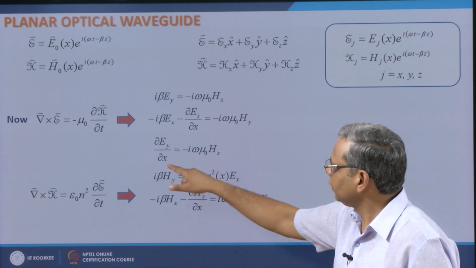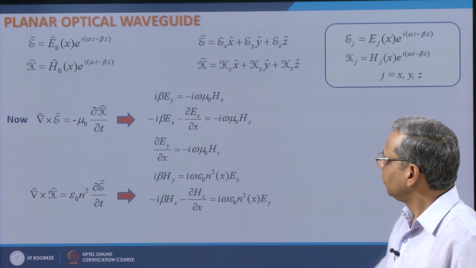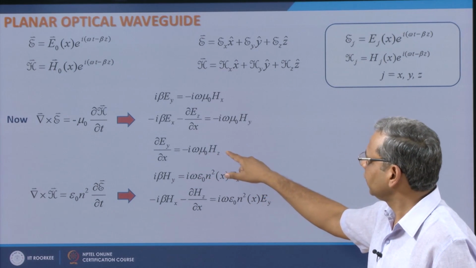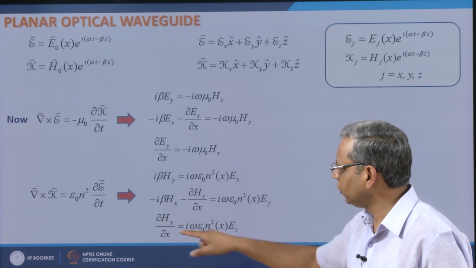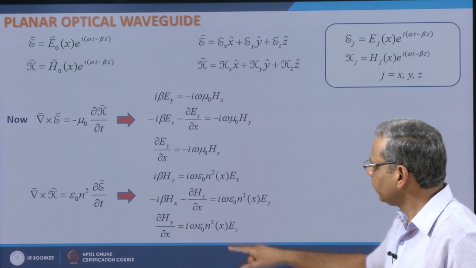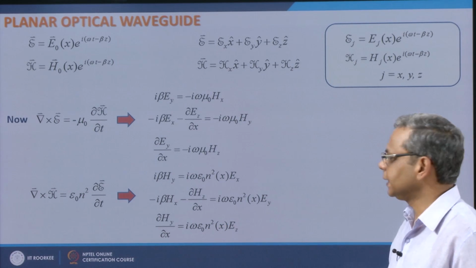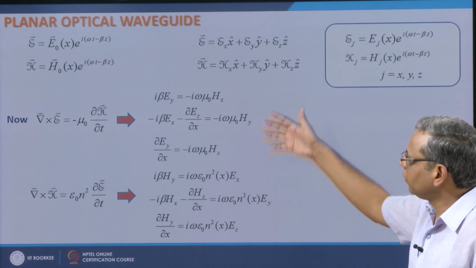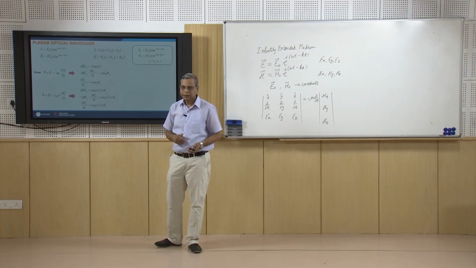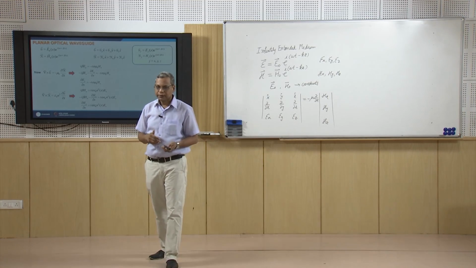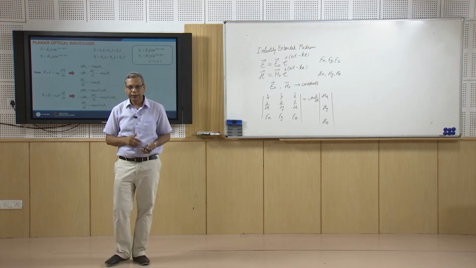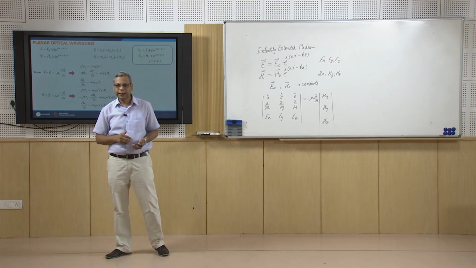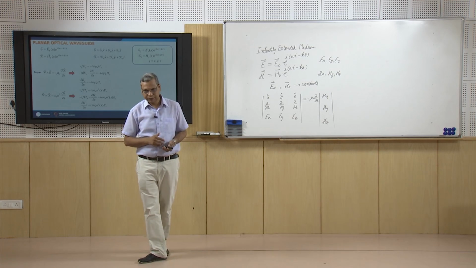Third one would be del Ey over del x is equal to minus i omega mu naught Hz, and here it would be del Hy over del x is equal to i omega epsilon naught n square of x Ez. So, I have got 6 equations which relate the electric and magnetic field components Ex, Ey, Ez and Hx, Hy, Hz.